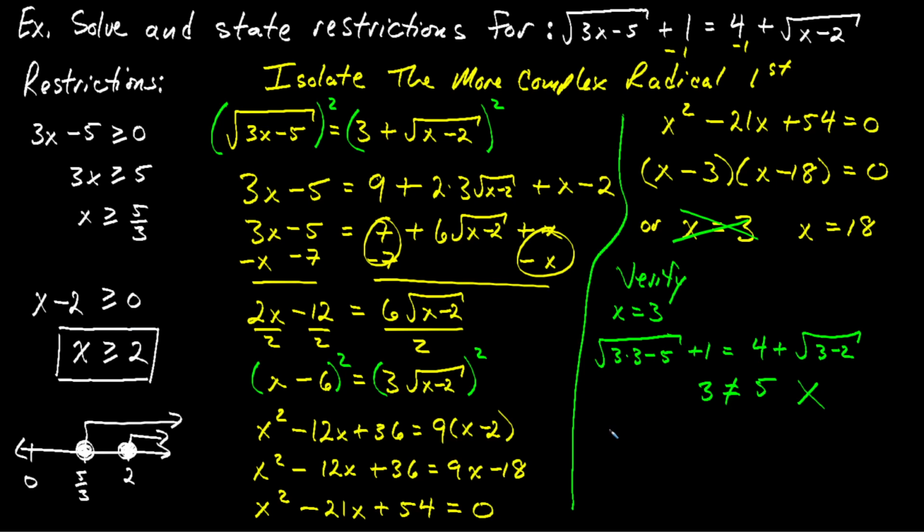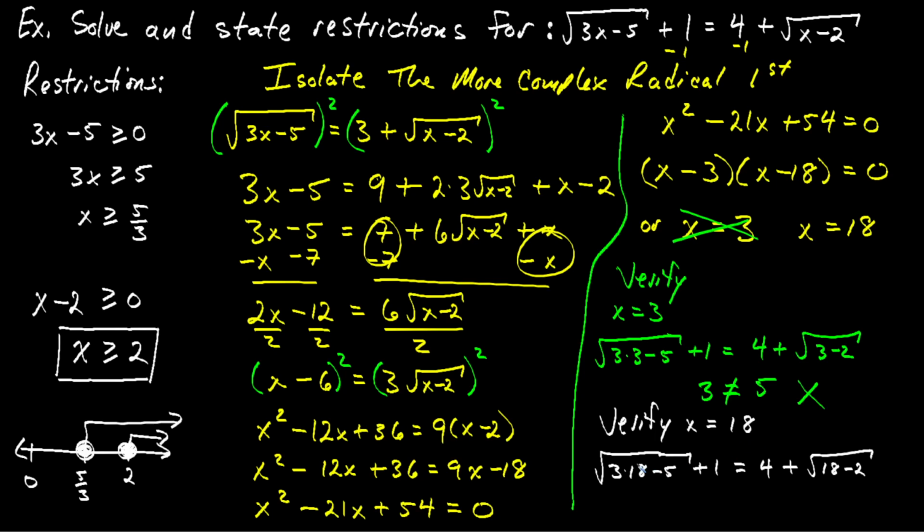So if I verify, this is going to be tight. X equals 18. I'm going to go the square root 3x, so 3 times 18 minus 5 plus 1 should equal 4 plus the square root of x minus 2, so 18 minus 2. All right.